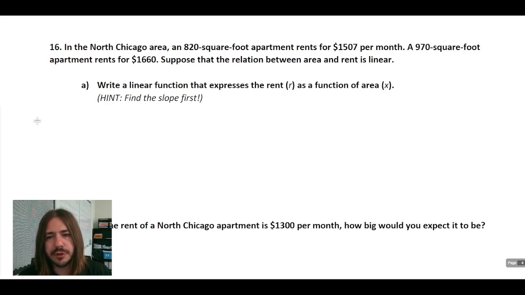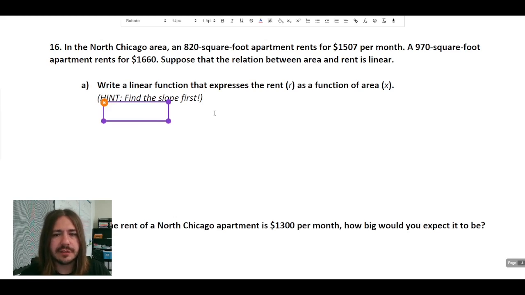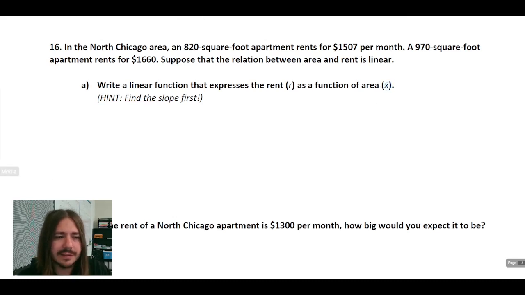Okay, so that means we could come up with an equation. What I think I'll do first is figure out what the rate of change or the slope is. There's two coordinates that they're implicitly giving us. If I'm looking at R and x, the rent is a function of the area. The rent is kind of like your y, and the area, they're giving you that as x, as a little hint here.